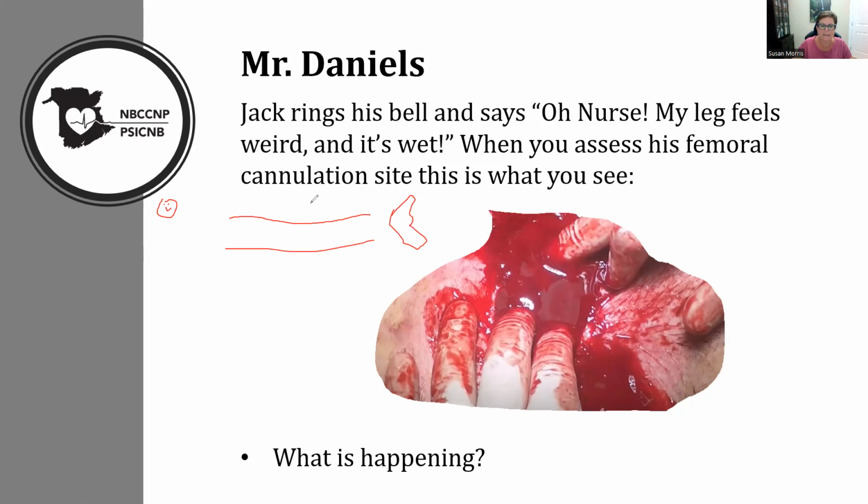When they cannulate, the skin is up here, and they go in at an angle like this. This is your catheter going into the patient. So when you apply pressure, you put it here and here so that you are compressing the arterial site and also the skin site.